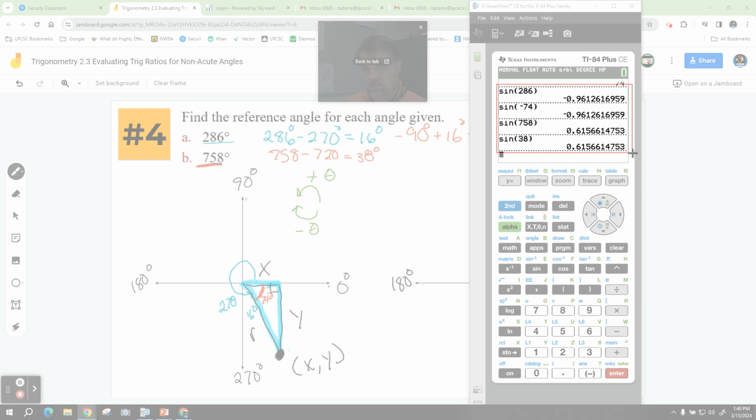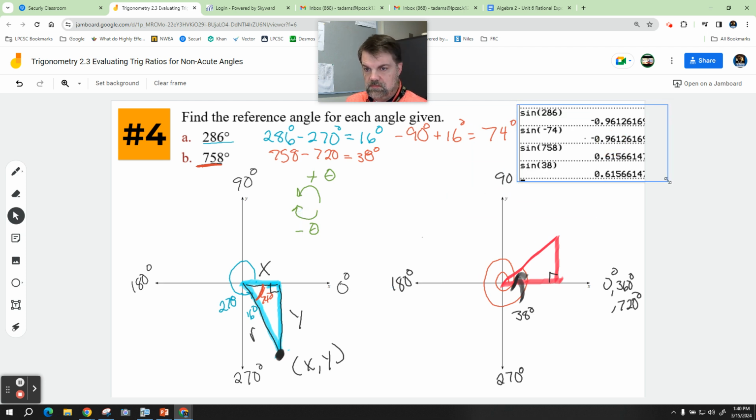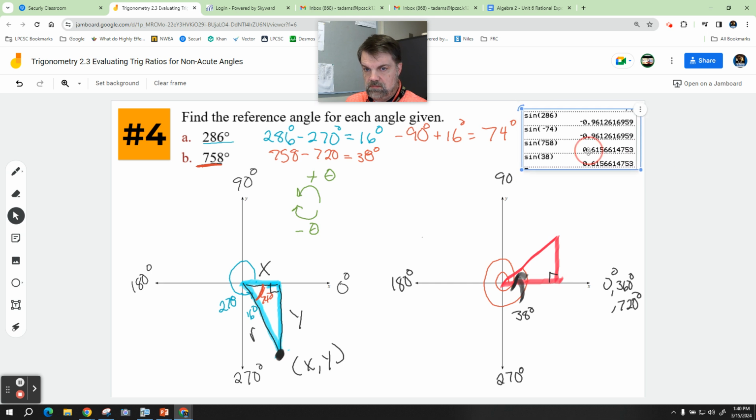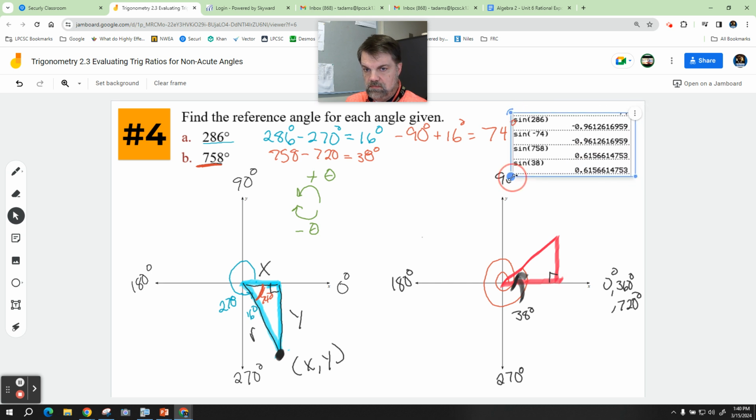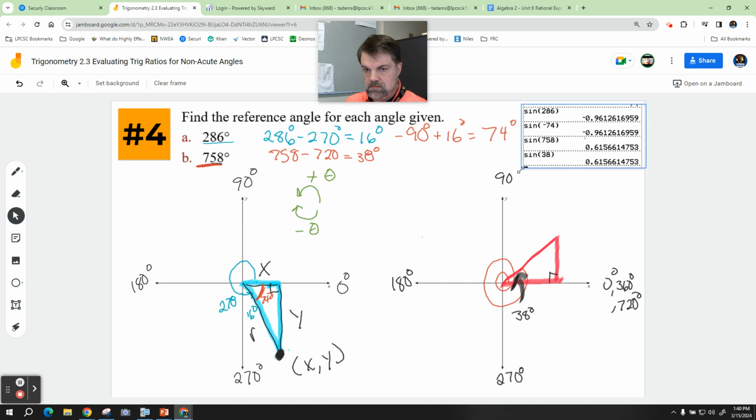And that way you could see it in your notes. Okay, and that's it. That's how you do that for the non-acute angles.